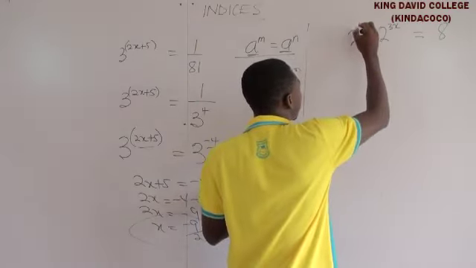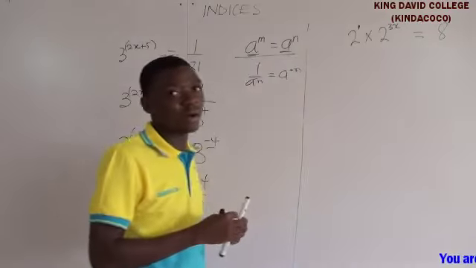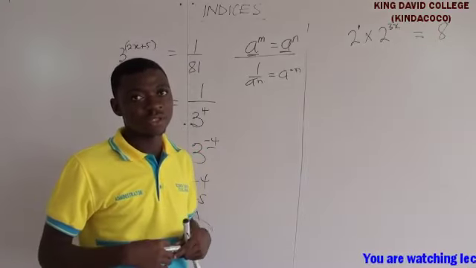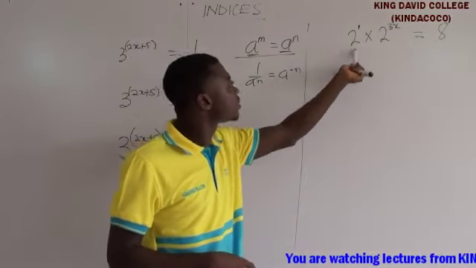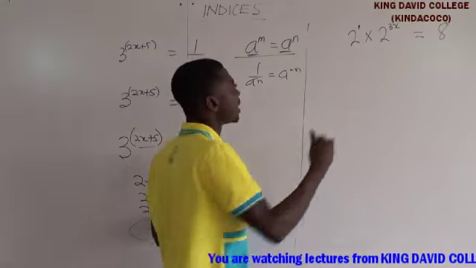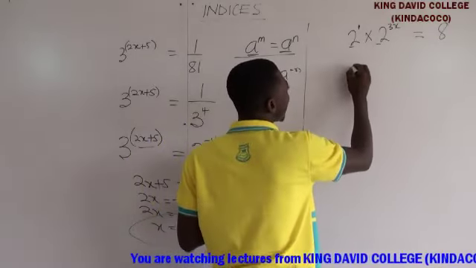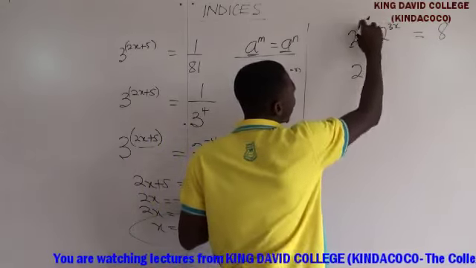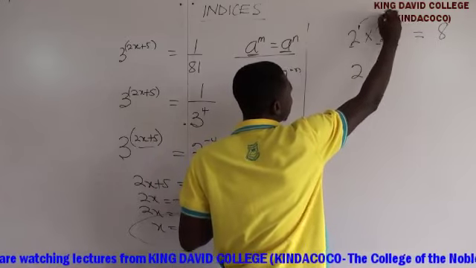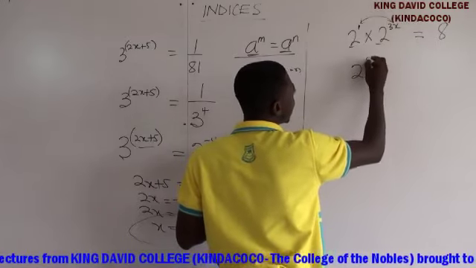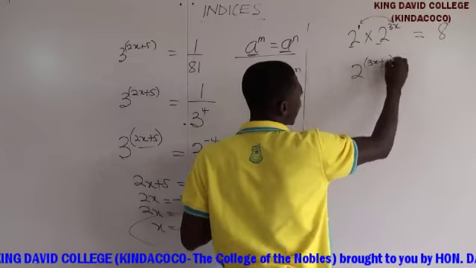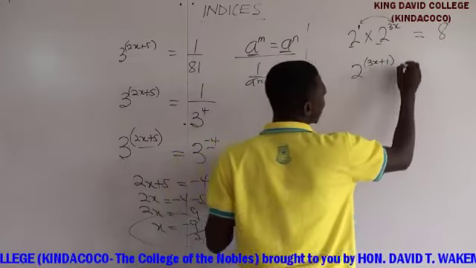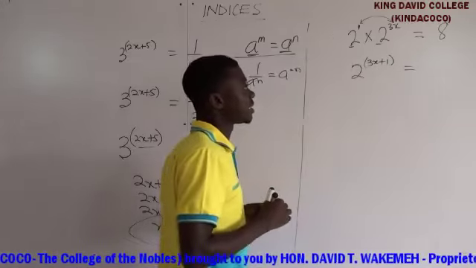Any number is raised to the power 1. So these 2 times this, we know that the bases are the same. Therefore I can say 2, then I'll add the exponents together. So this is going to be 3x plus 1. And this is equal to 8.